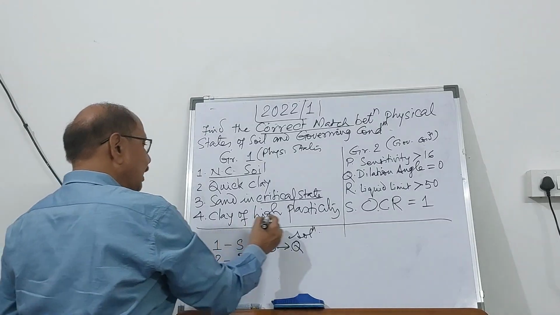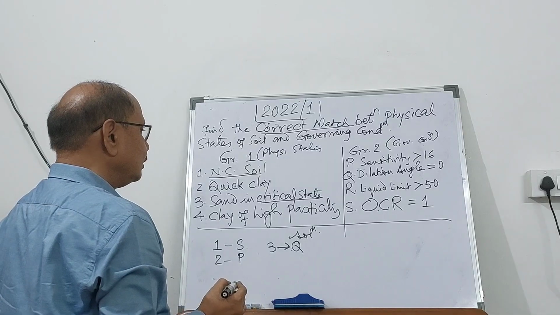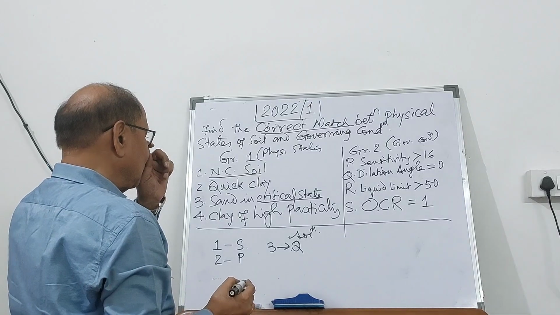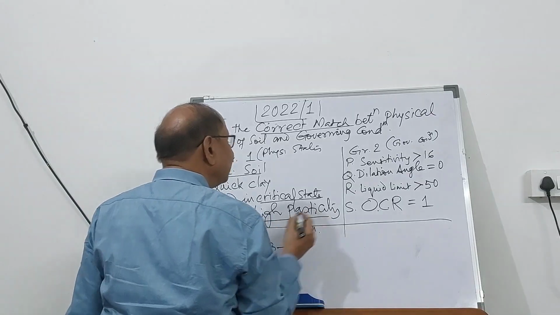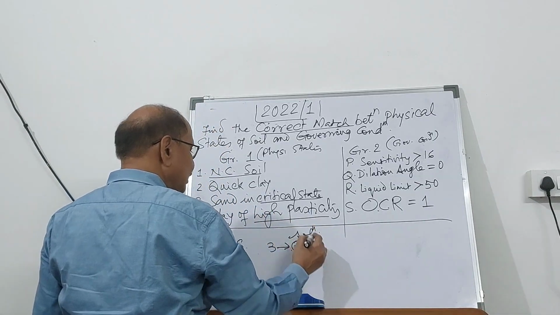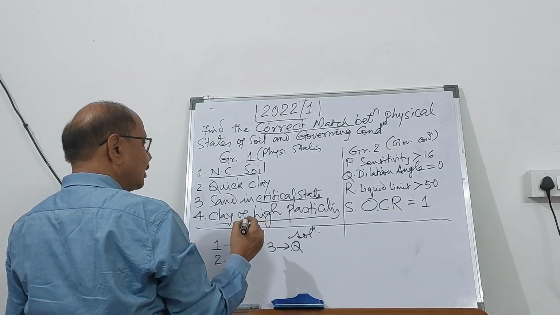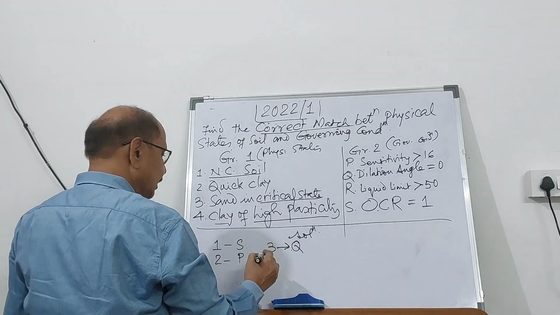And the fourth one, clay of high plasticity, you know that as per the plasticity chart, clay with high plasticity we call CH, and for classifying CH the liquid limit should be greater than 50.